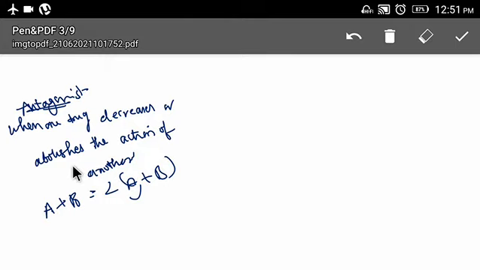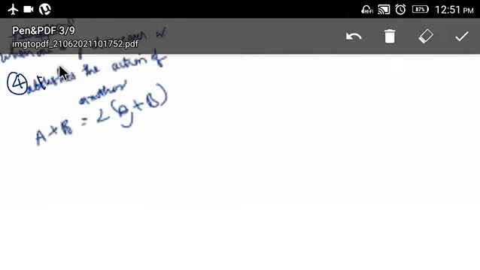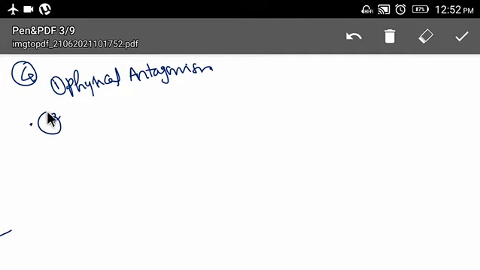This antagonism is of four types. Let's see that. The first one is physical antagonism. Second is chemical antagonism.